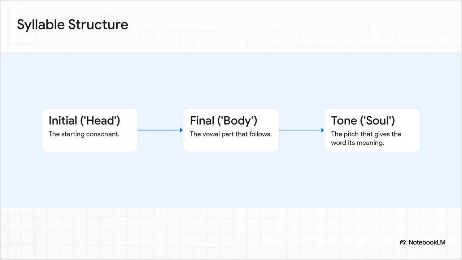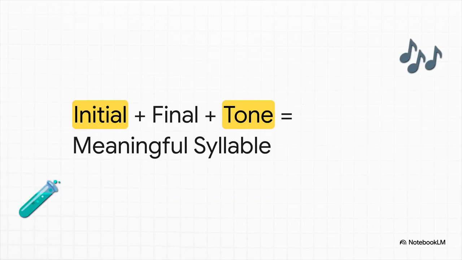And then you've got the magic ingredient, the tone. That's the pitch, the soul of the sound that gives it its unique meaning. And that right there, that's the magic formula for spoken Chinese. Initial plus final plus tone equals a meaningful word. Every single time. If you can remember this little equation, you've already grasped the absolute foundation of the language.